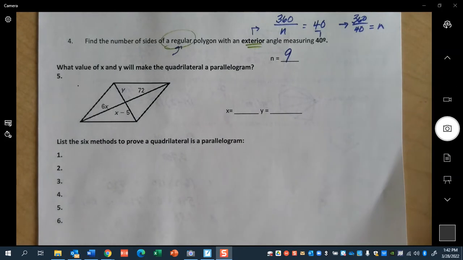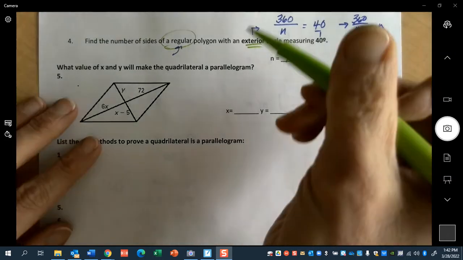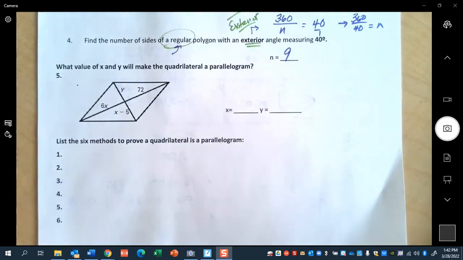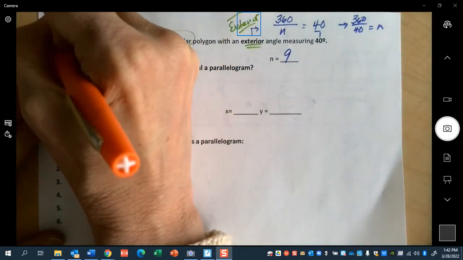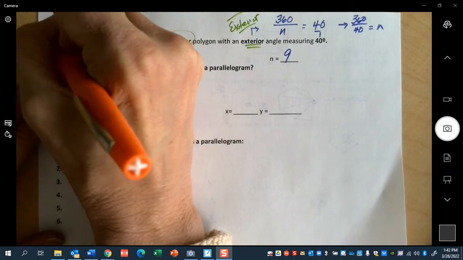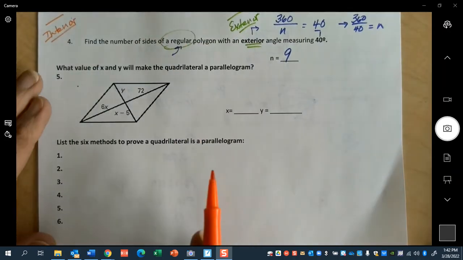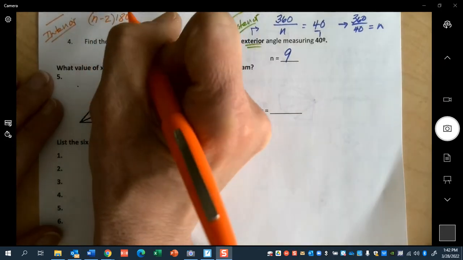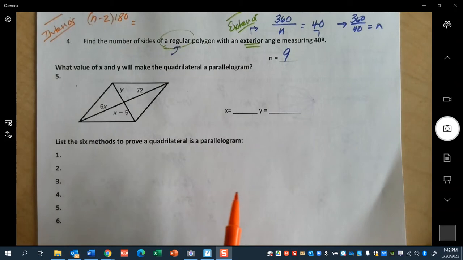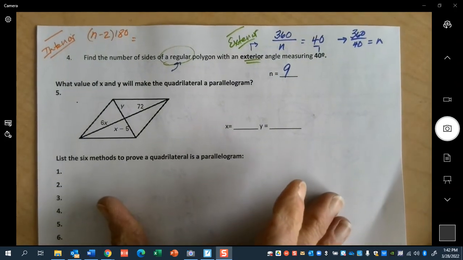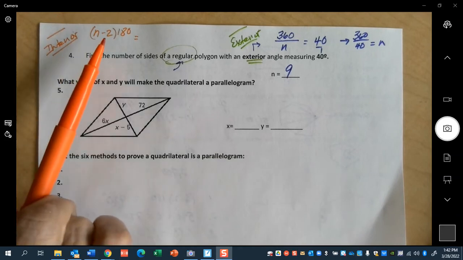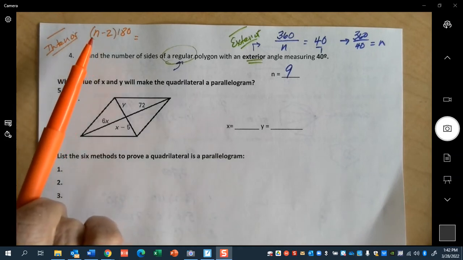So here's the deal. Let's keep ourselves straight, because this is a conversation about exterior angles in a regular polygon. Let's revisit. What if we were talking about the formula for the measure of the interior angles in a regular polygon? N minus 2 times 180 gives me my total. What if I want to find the measure of just one of them? What do I have to do to this formula if I wanted to find the measure of just one?